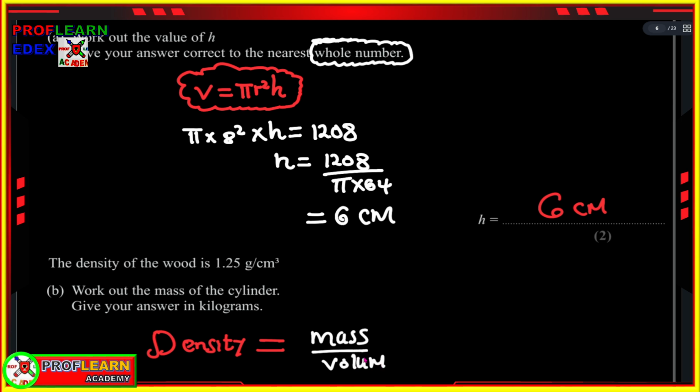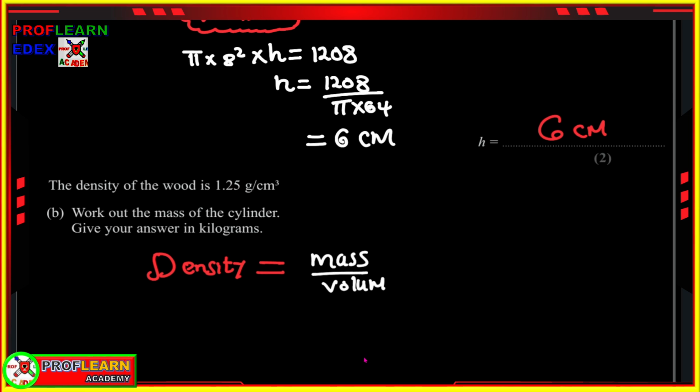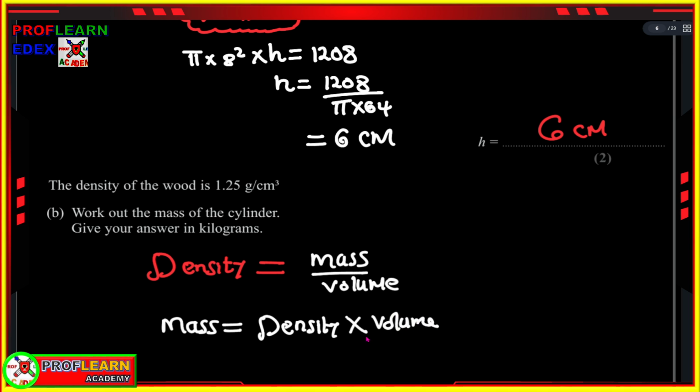Now, from this equation that we have here, we can rearrange it, and we shall say mass is basically density times volume.